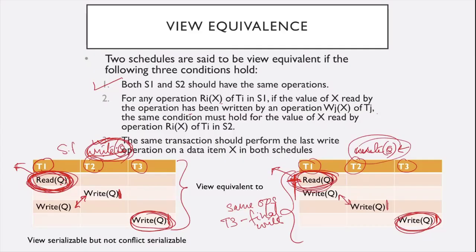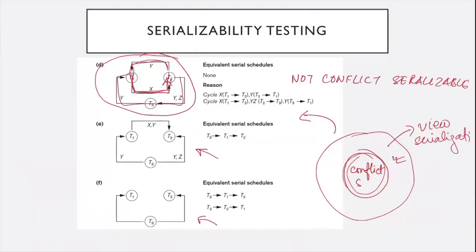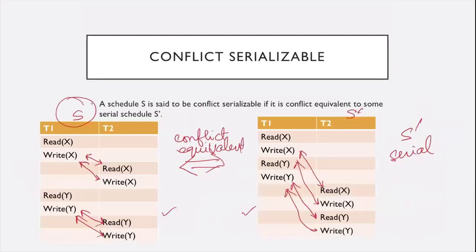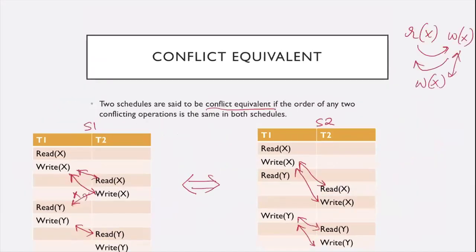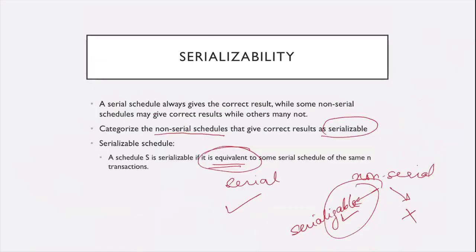As a summary, we saw that serial schedules always give the correct output, but serial schedules are not very efficient. Because they are not very efficient, we have to allow non-serial schedules. But to ensure that we always get the right result, we have to find a serial schedule to which it is equivalent.